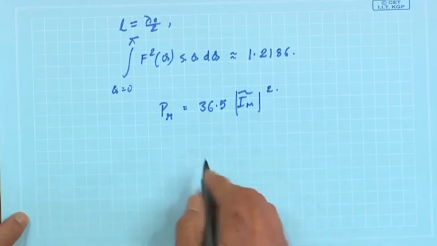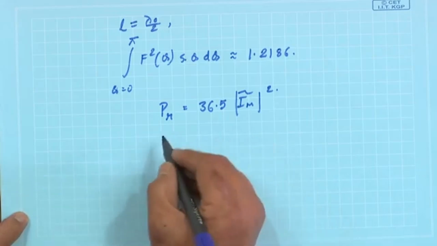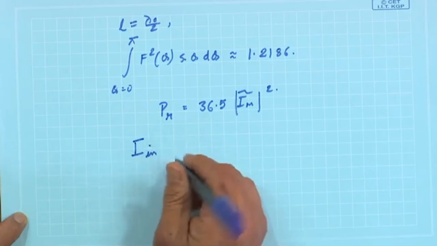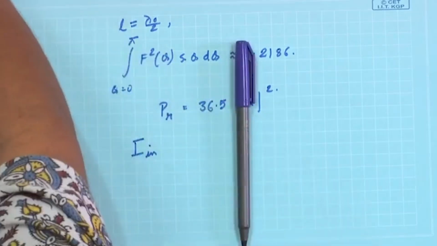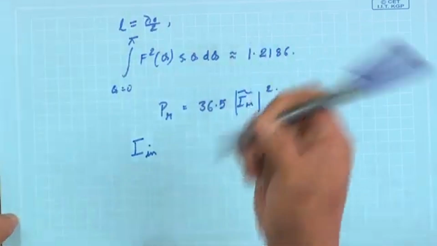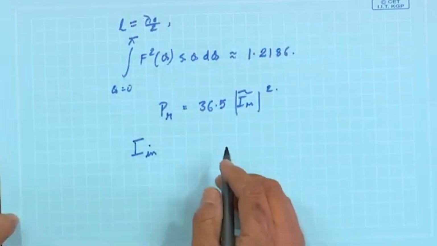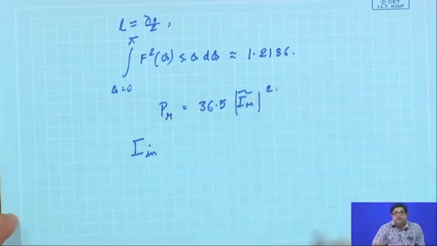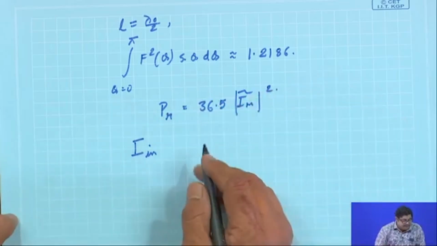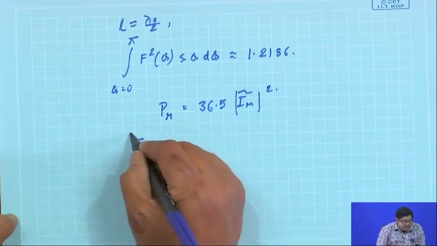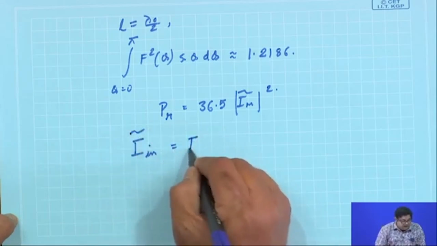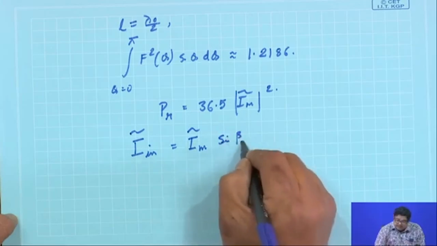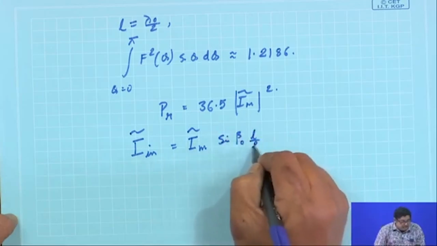We know for the half wave dipole the current at the input terminal, that means we will have to put z dash equal to 0 in either of the expressions of I z dash, and if we do that, you will see that it basically becomes Im sin beta naught L by 2.